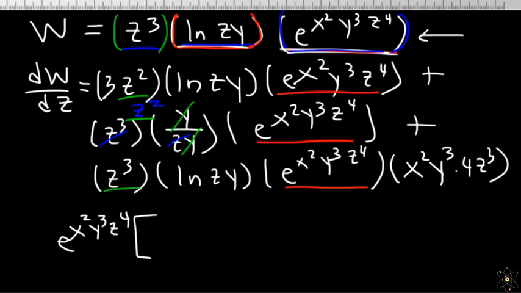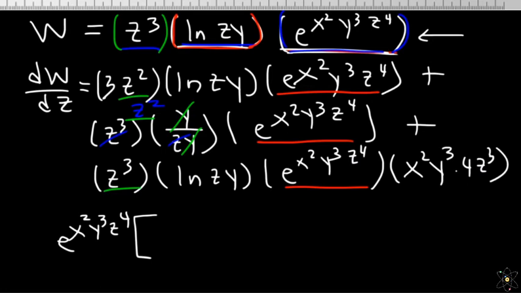So we're left over with 3 times ln zy. In the second term, we took out all of that, and we took out all of the z squared. So there's nothing left in the second term, so we could just put a 1. For the last term, we took this out.